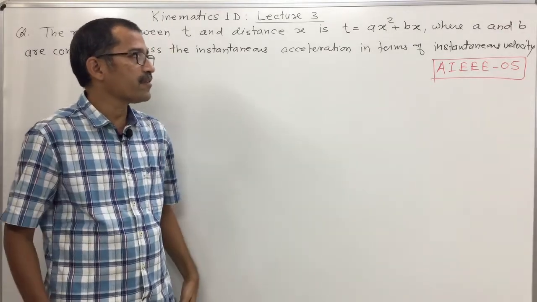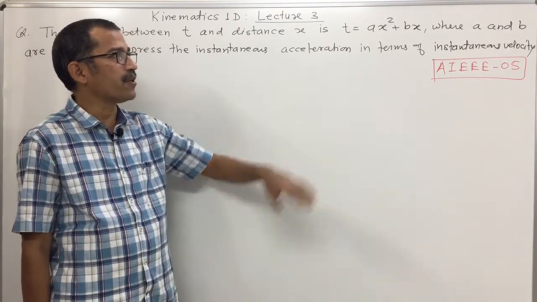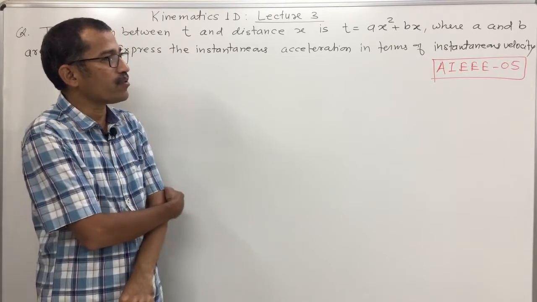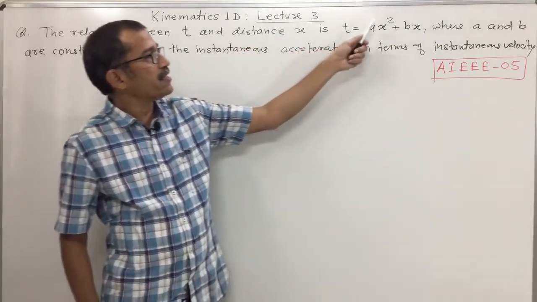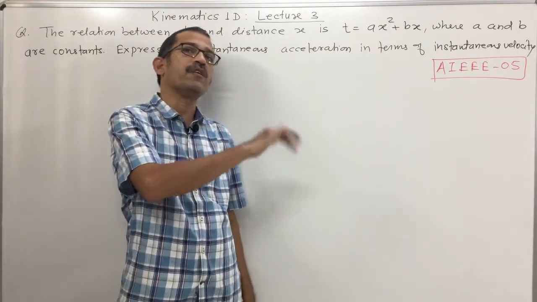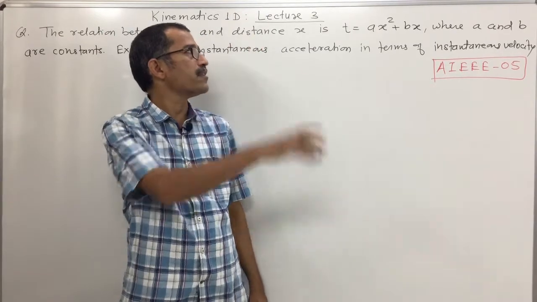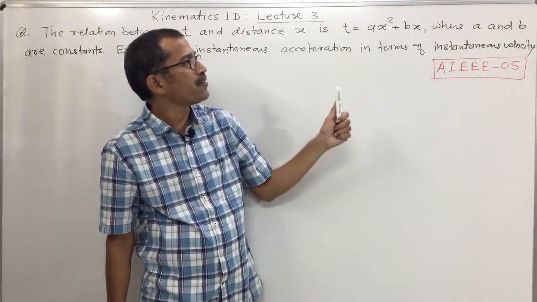This problem was asked in AIEEE, which is what JEE was called previously, in 2005. Now this t is in terms of x. Normally you have x in terms of t, v in terms of t, or acceleration in terms of t, but now t in terms of x is given.